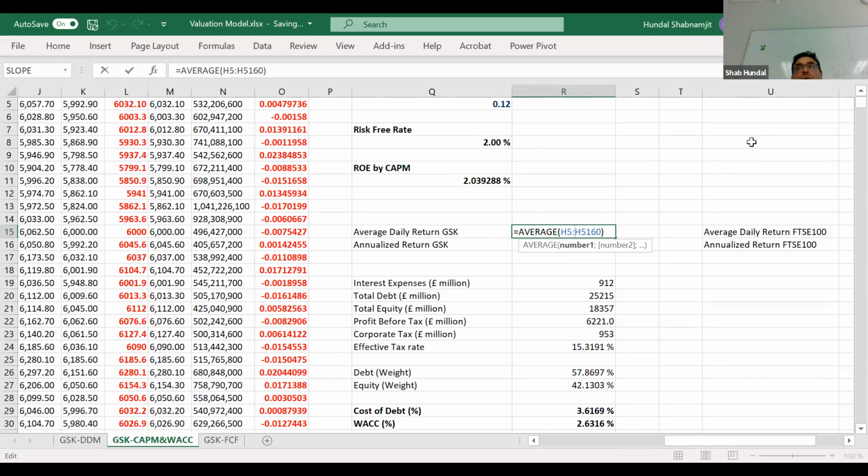If you divide 5,160 by 20, you will find it's almost 250, because we have nearly 250 trading days in a year: 365 days, and then we have 104 weekend days. Sometimes you have 53 weeks also, because it depends upon which day the new year starts.